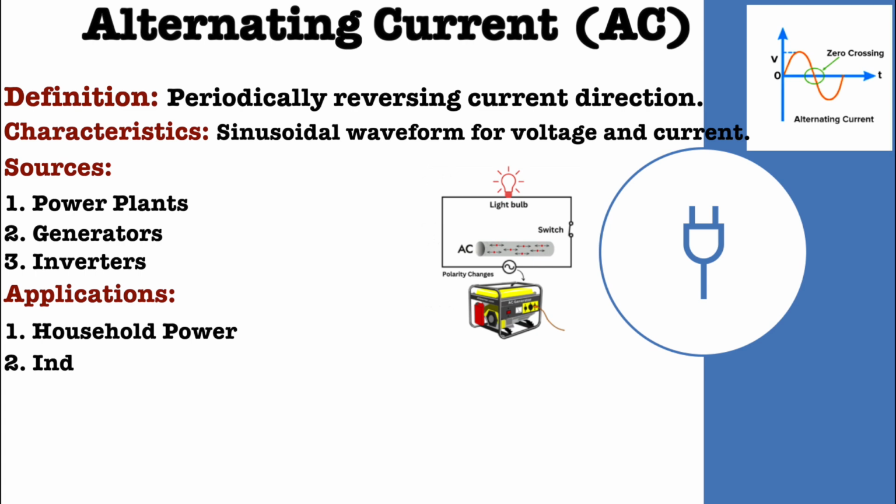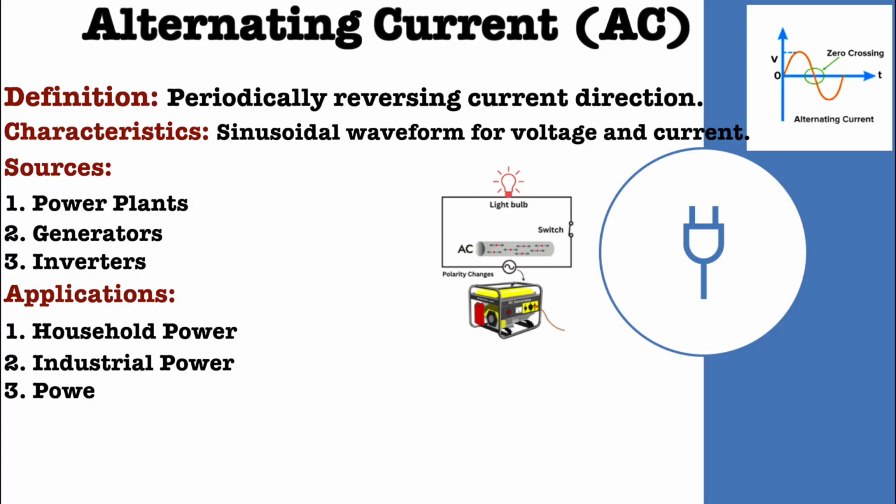In industrial power, AC powers industrial equipment and machinery due to its efficiency in transmitting over long distances and its ease of conversion to different voltages. In power distribution, AC is used in the electrical grid because it can easily be transformed to higher or lower voltage levels using transformers, making it suitable for long distance transmission.